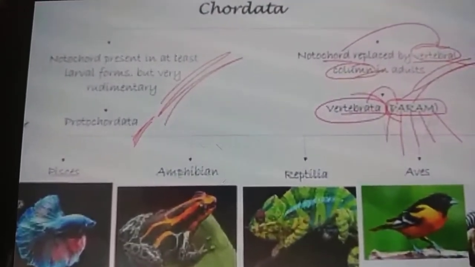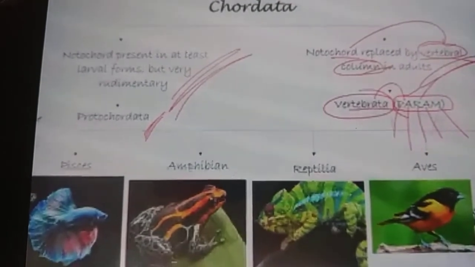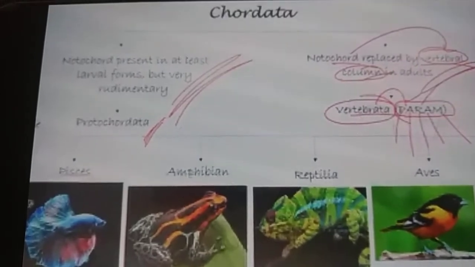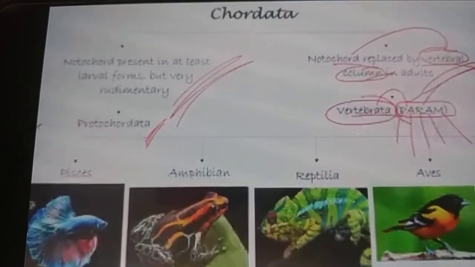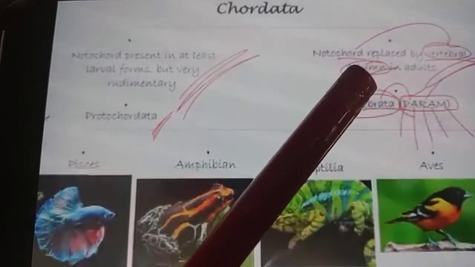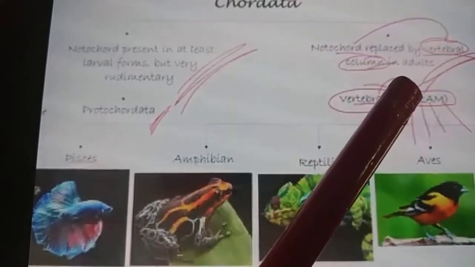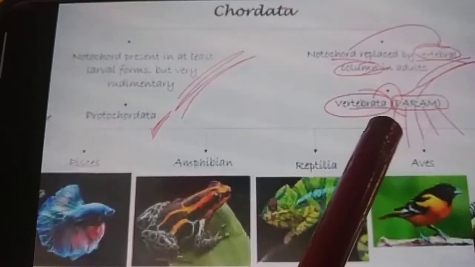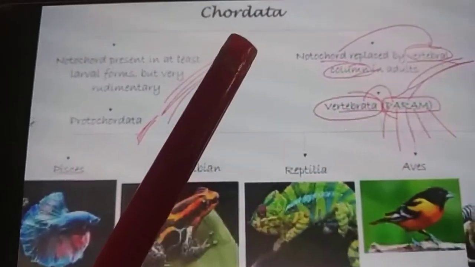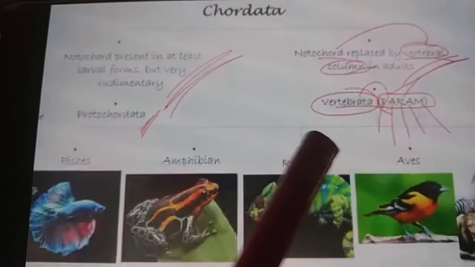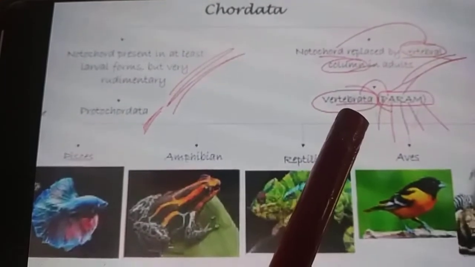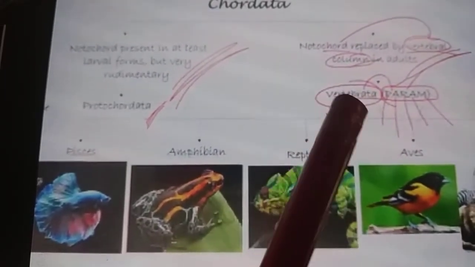Larval forms show it only in a few stages of life. Then the notochord is present in all of them. They are bilaterally symmetrical and coelomate, even in adults you can see. Now this chordata is nothing but the vertebrata. Whenever the notochord is present in the whole life, it is known as vertebrata. From there we start the vertebrates.